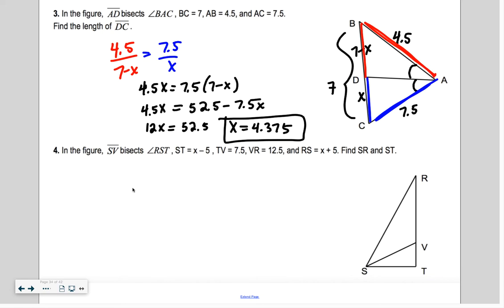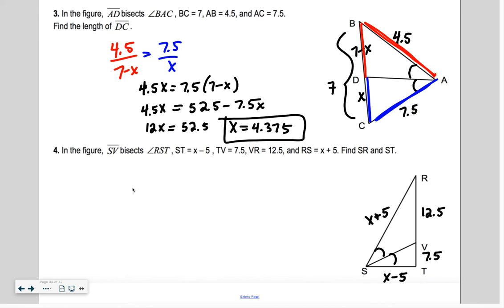All right, number 4. In the figure, SV bisects RST. So again, we have these angles are the same. ST is x minus 5. TV is 7.5. VR is 12.5. And RS is x plus 5.